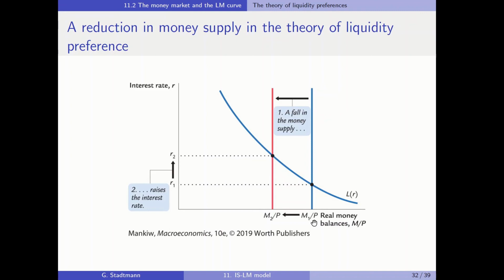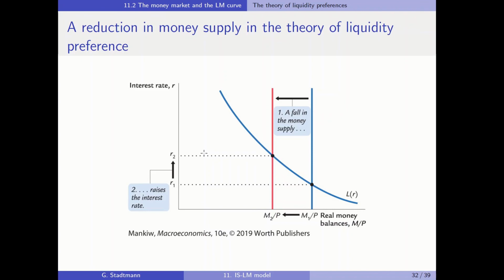You can see that here with the labels. In the initial situation, in the blue situation, nominal money supply is on the level M1, and then nominal money supply decreases to the level M2, and therefore real money supply is lower, and in the second situation the interest rate is higher.